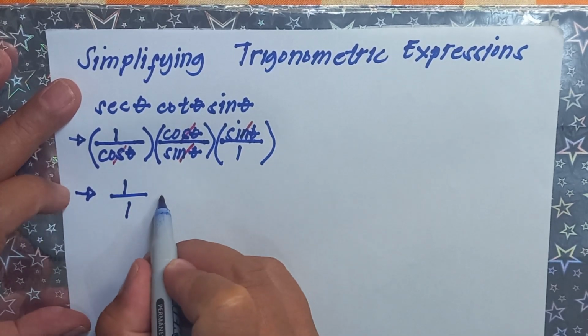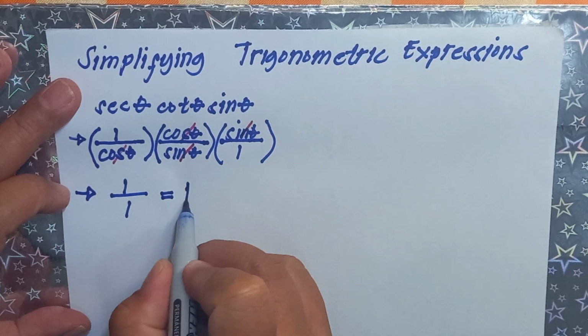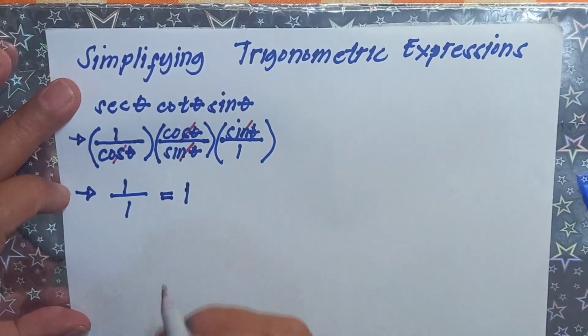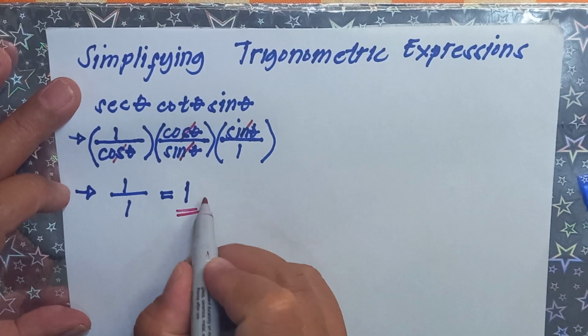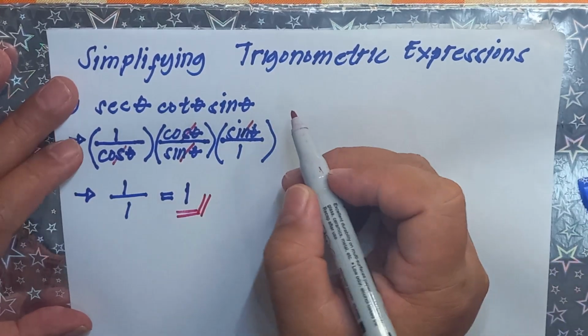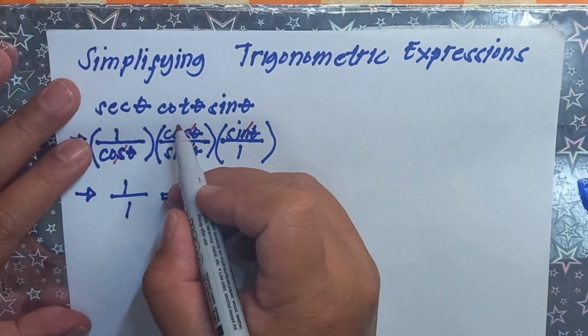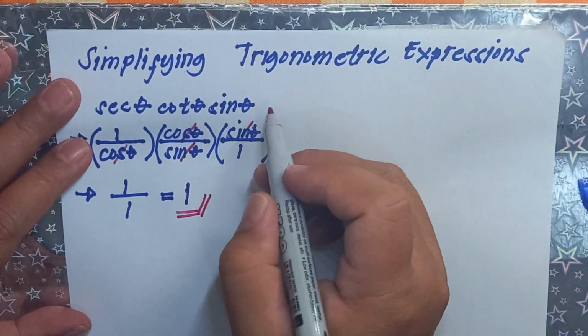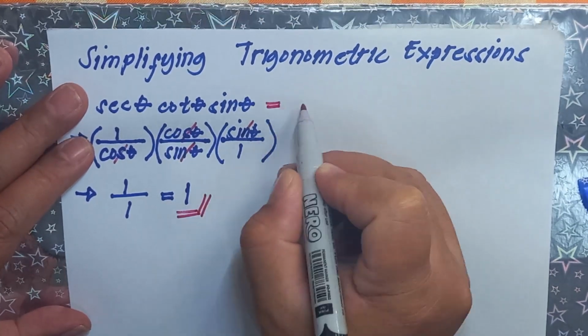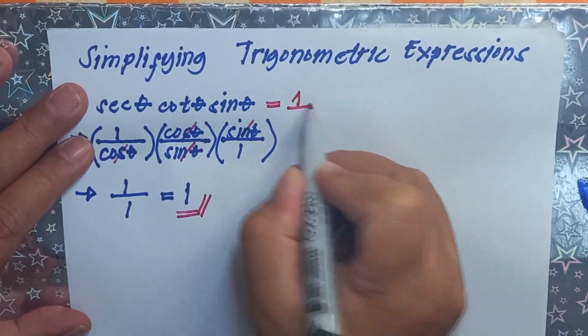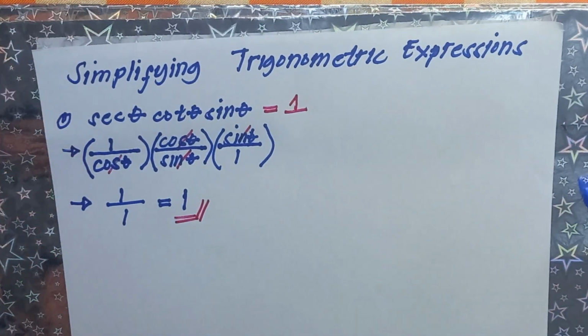And so what is the result? 1. So the result of the expression is actually 1. So the product of secant theta, cotangent theta, sine theta is 1. Okay? So it's very easy.